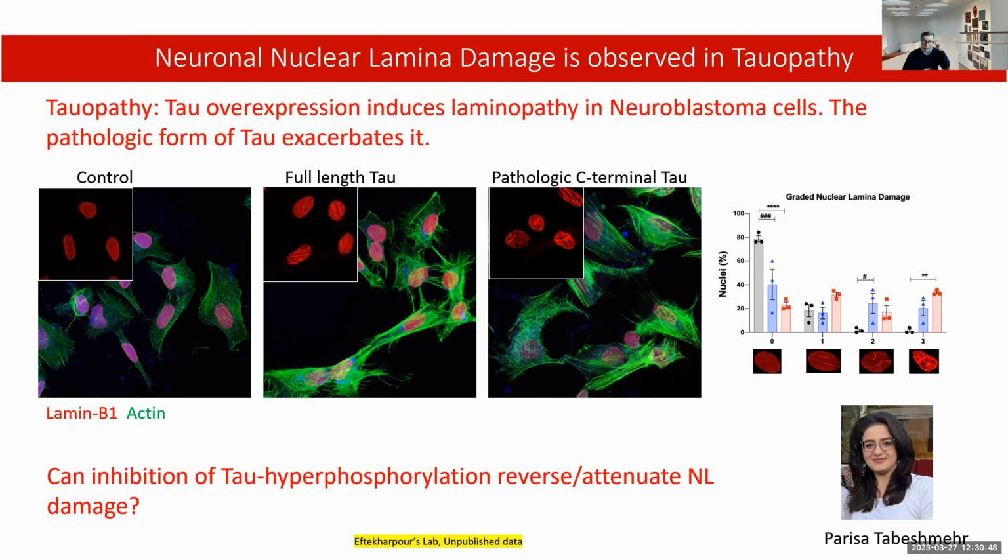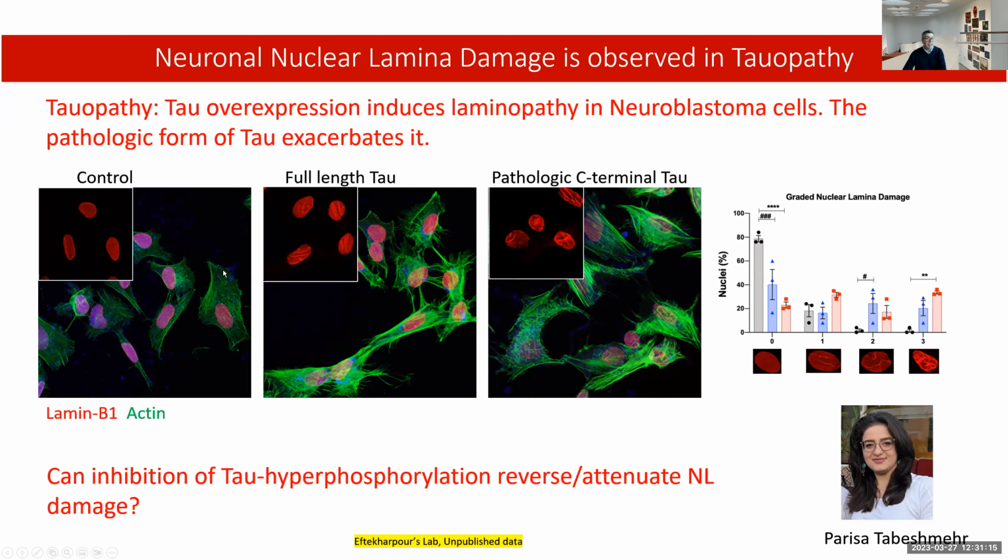So here is again a model of tauopathy in SH-SY5Y cells, and what we have done, Parisa has overexpressed tau here, full-length tau and pathologic tau. And what we can see here, we are staining the actin and looking at the cytoskeleton.